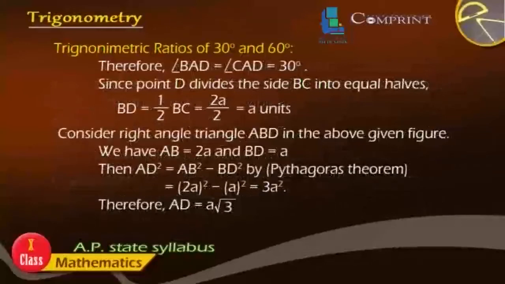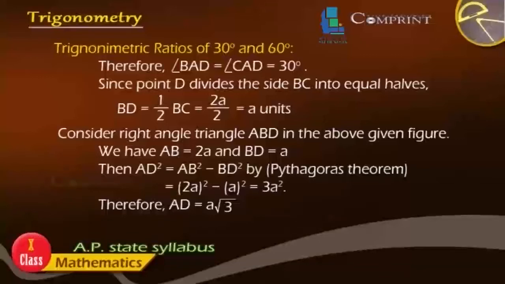Therefore, angle BAD is equal to angle CAD is equal to 30 degrees. Since point D divides the side BC into equal halves, BD is equal to half BC is equal to 2a by 2 is equal to a units.